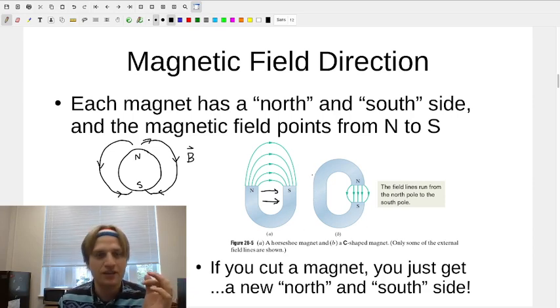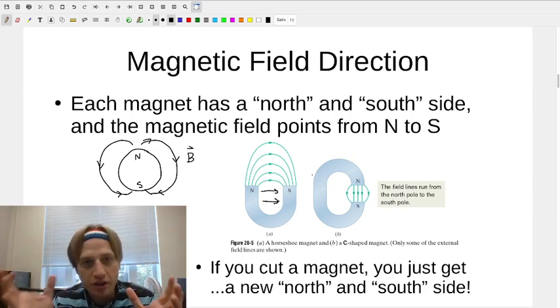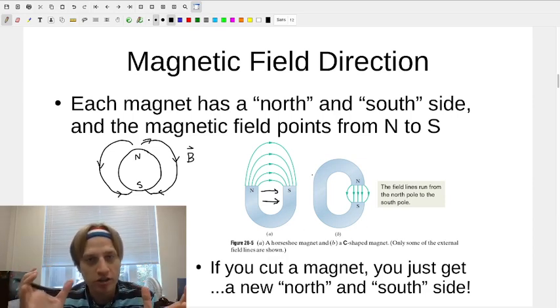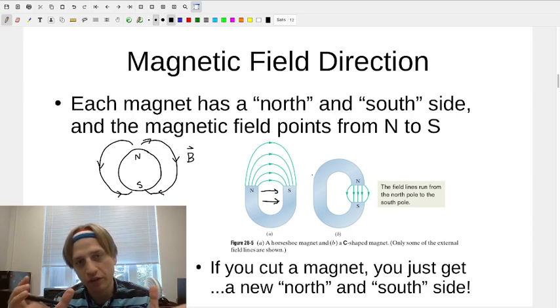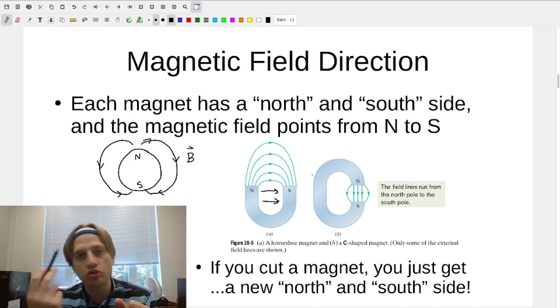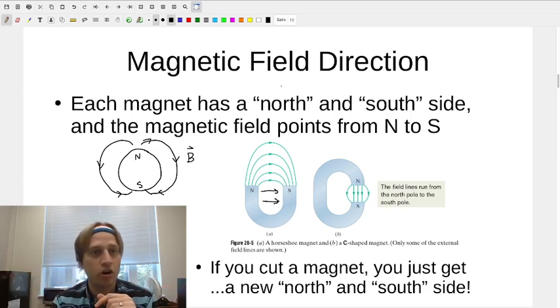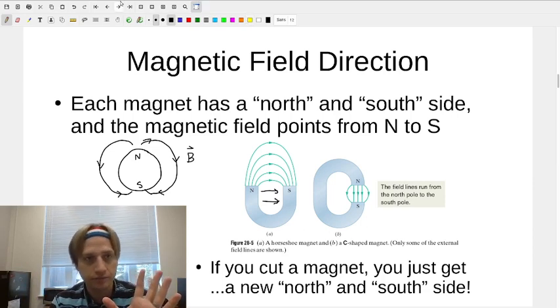That means that you don't have a source of magnetic charge like you did with the electric field. All you can have are little loops of current. So currents are causing magnetic fields. So you don't have something that's just causing that magnetic field in a static sense, the same way that a charge was causing the electric field just hanging out.